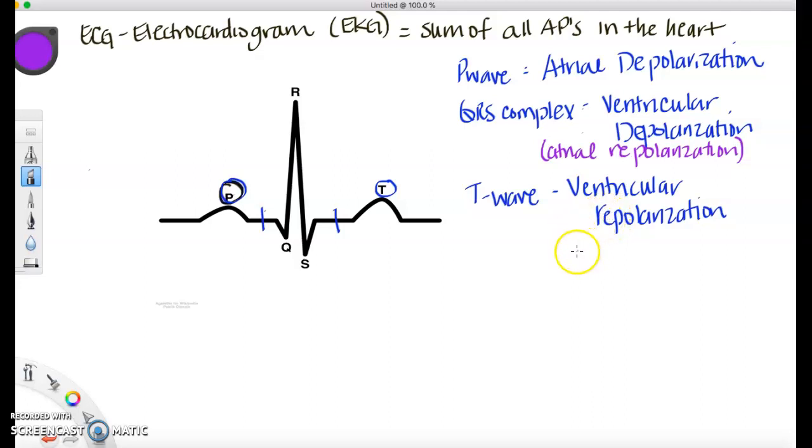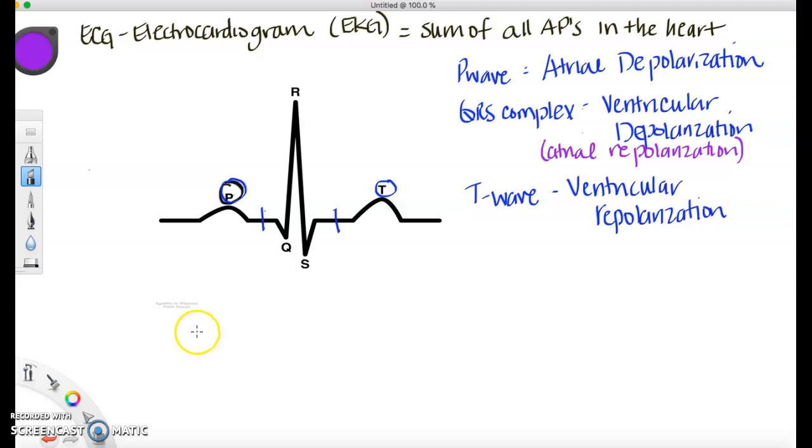So we can look at this EKG during the heart cycle, a heartbeat, and show the flow of exactly what's happening as far as atrial contraction and relaxation, and ventricular contraction and relaxation.